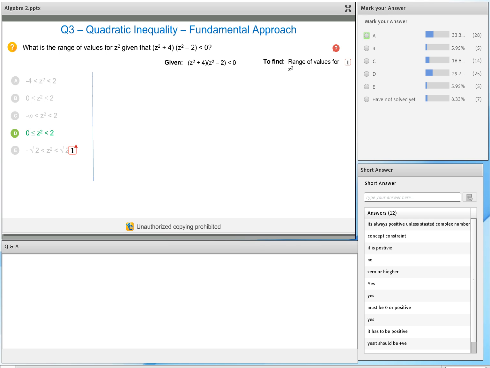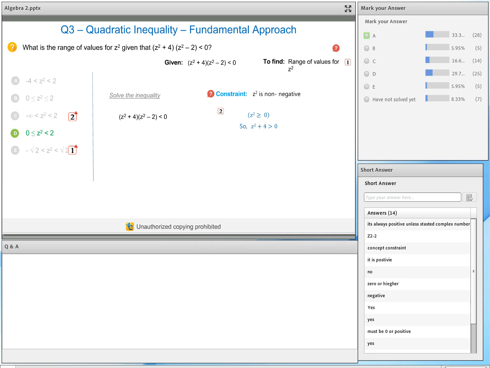I know that z square plus 4 is always going to be a positive number, which means that the only way this product is less than 0 is if z square minus 2 is less than 0. So between these two terms, this term is always positive.